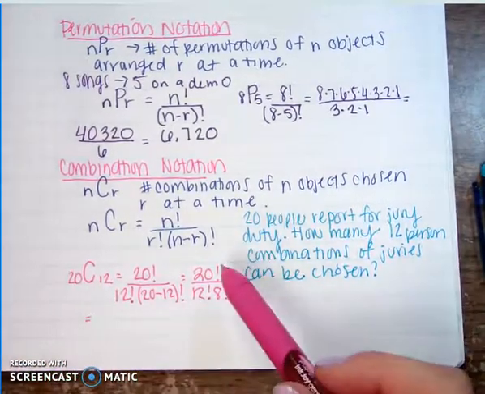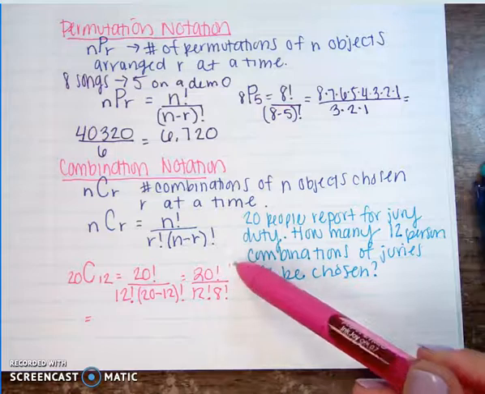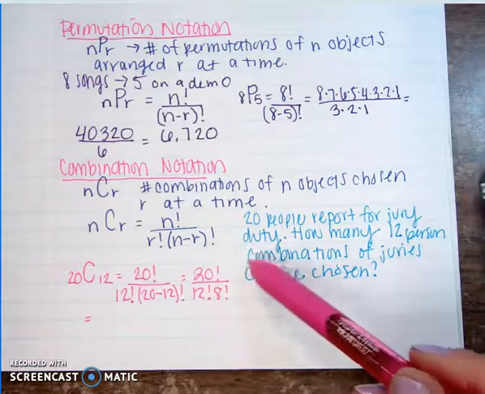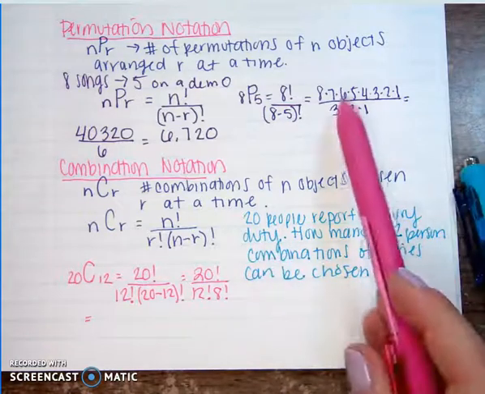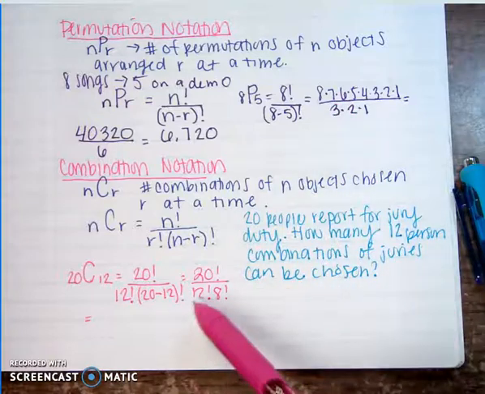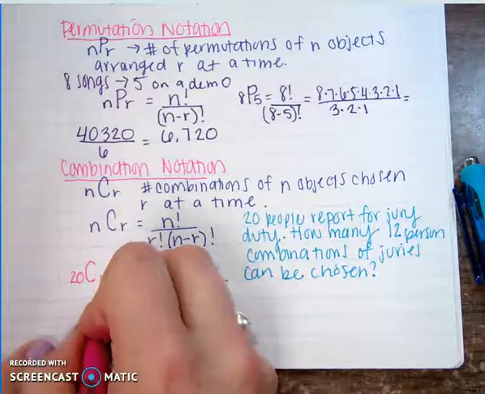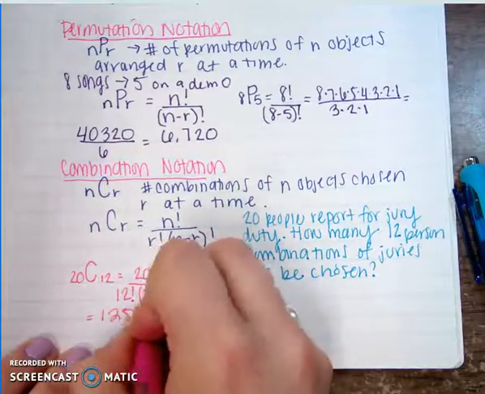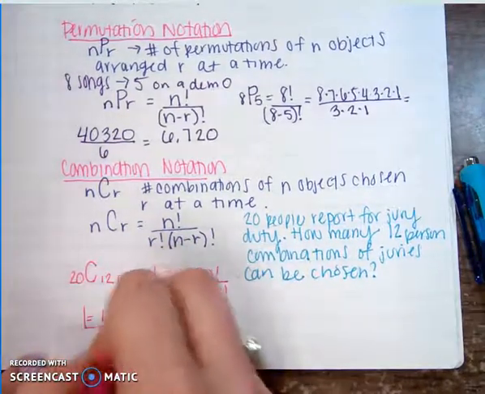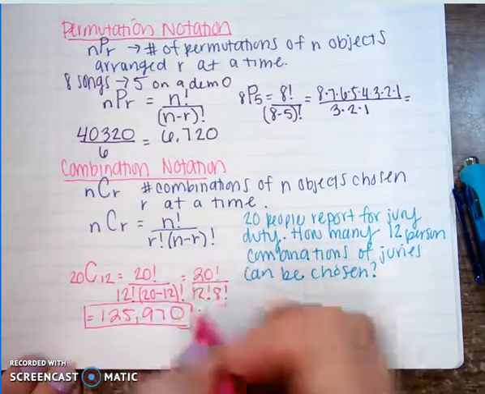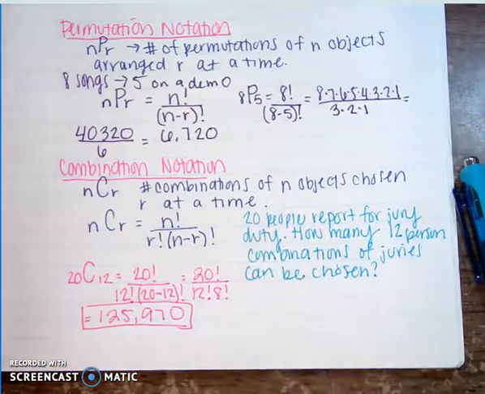And we will learn how to put that in a calculator, but in the meantime, you can do 20 times 19 times 18 times 17, so on and so forth, just like we did here, over the bottom. We have 125,970 possible combinations, just given 20 people, and we want combinations of 12 people.